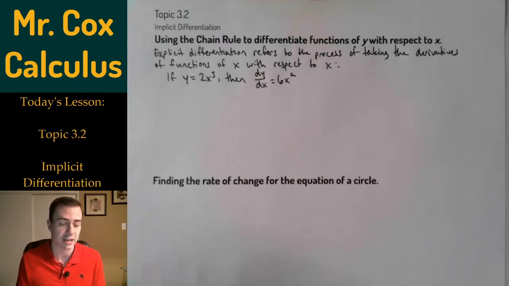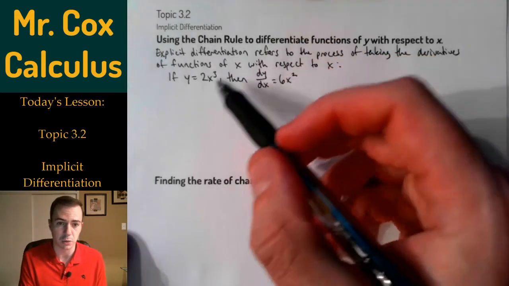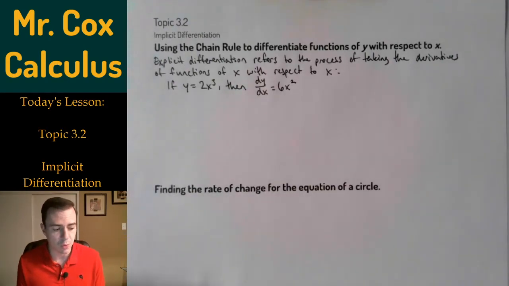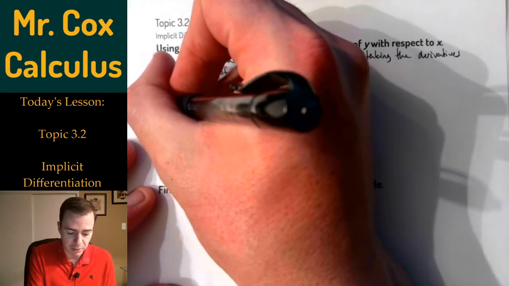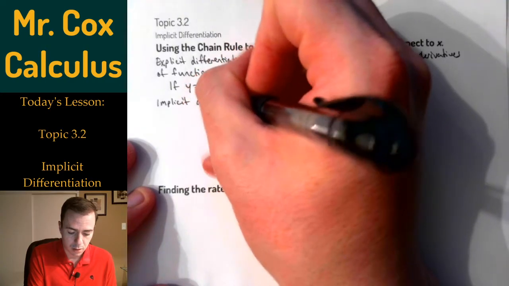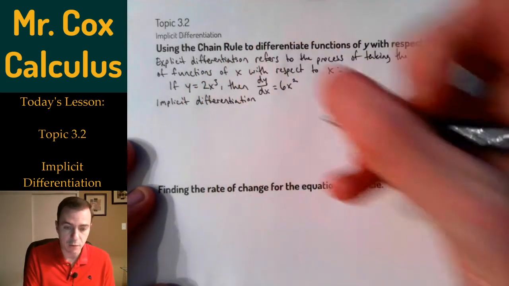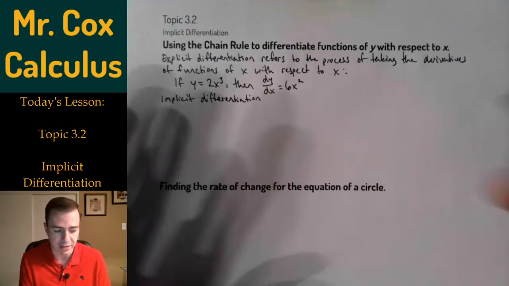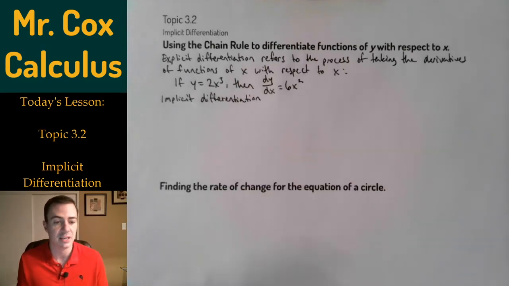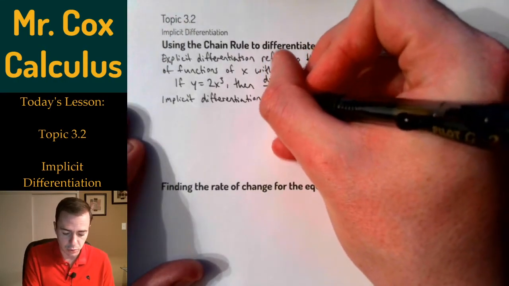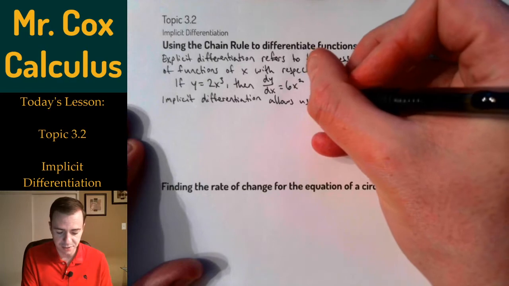So that's what explicit differentiation was. You were given a function of x, you took its derivative with respect to x, and you spent a long time learning some of the various rules. Here we applied the power rule along with a constant multiple to take the derivative of y with respect to x. The process of implicit differentiation is going to occur whenever we want to take the derivatives of functions maybe not expressed in terms of x, where we have maybe one side of an equation that has functions of y and functions of x.